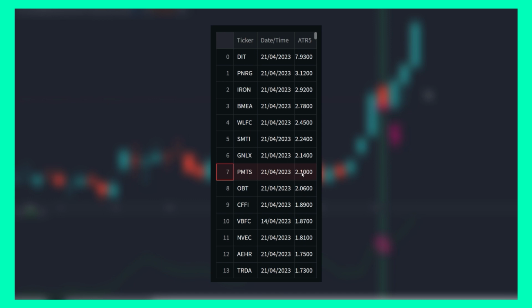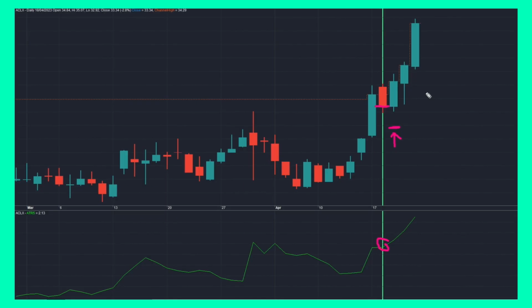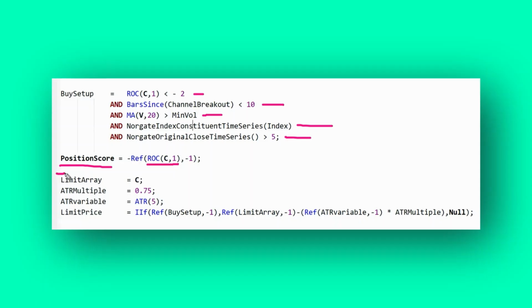Because our limit orders are calculated based on these readings, they are more in tune with the market as opposed to using static numbers such as placing the limit order 1% below the stock's current closing price, for instance.